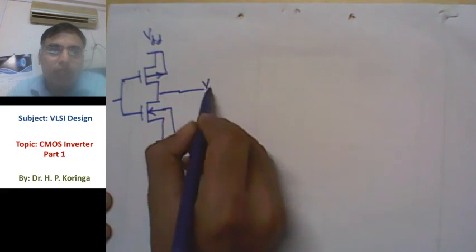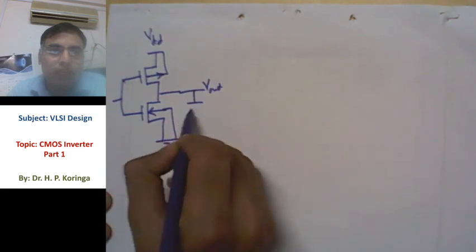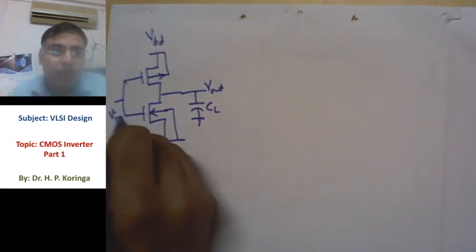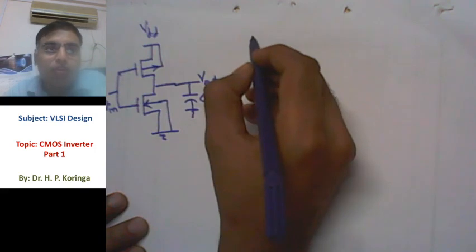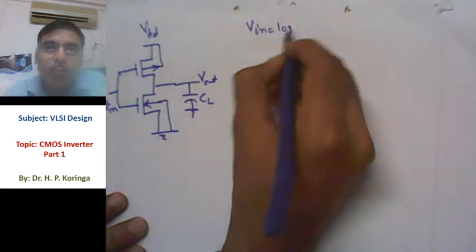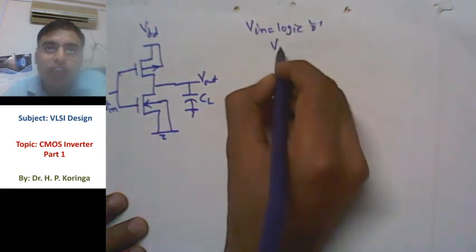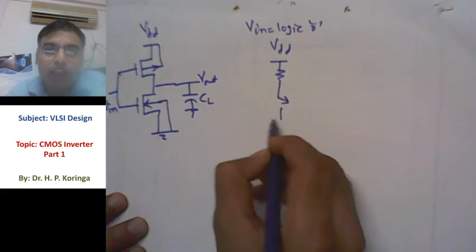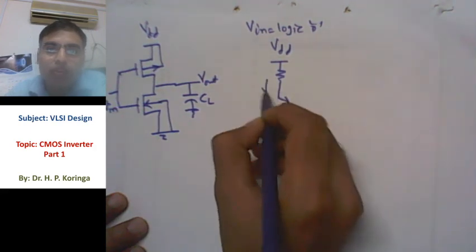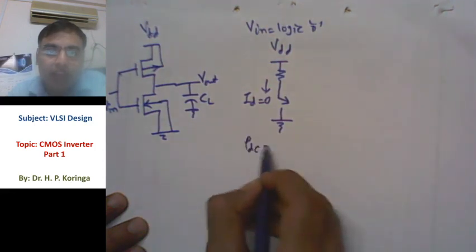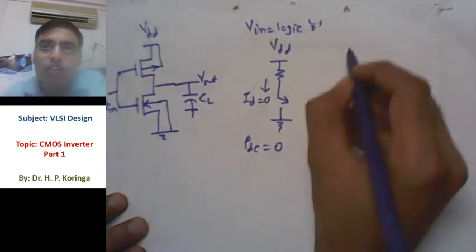Here we can say there is no static power dissipation. Why? Whenever input is logic 0, in the equivalent circuit the PMOS is operating in a conducting stage but the NMOS is operating in cutoff. So there is no current. Current tends to 0. So there is no power dissipation when input is logic 0.